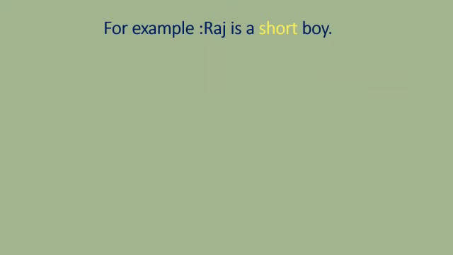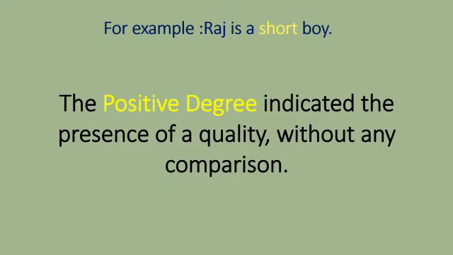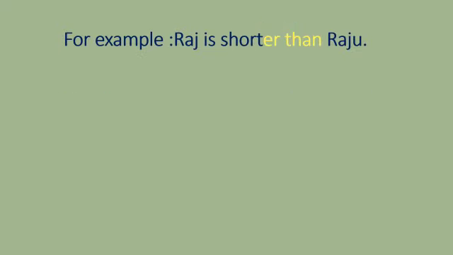For example, Raj is a short boy. The positive degree indicates the presence of a quality without any comparison. For example, Raj is shorter than Raju.